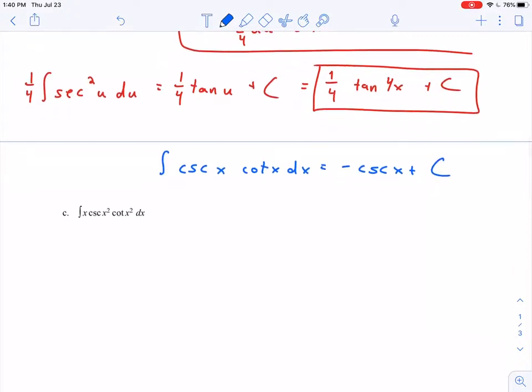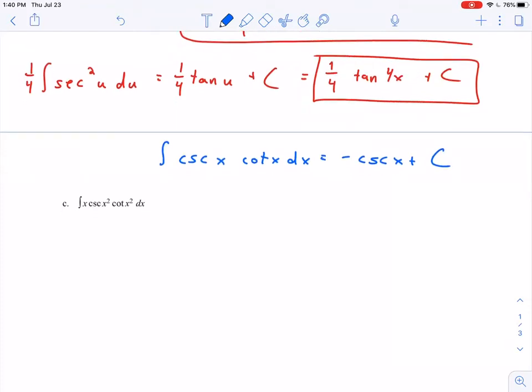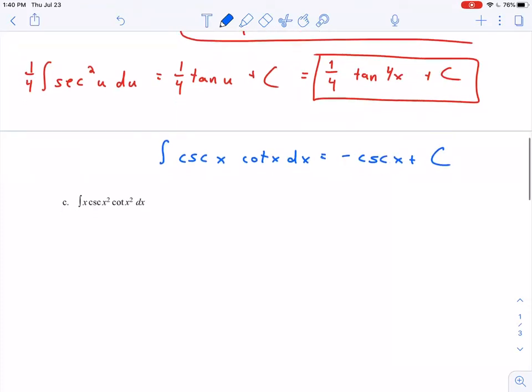So in this case, we have to recognize that the piece that's inside of cosecant and cotangent is the same. It's x squared. And keeping this piece in mind, this is our antiderivative. I know that I want to make my substitution. Eventually, I would like my substitution to look like cosecant u cotangent u du.